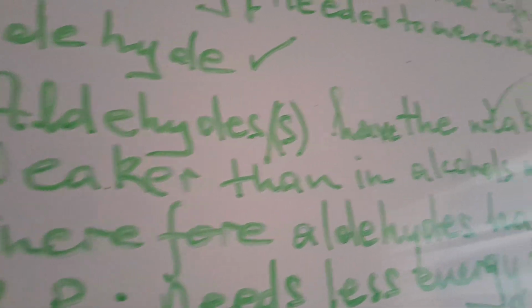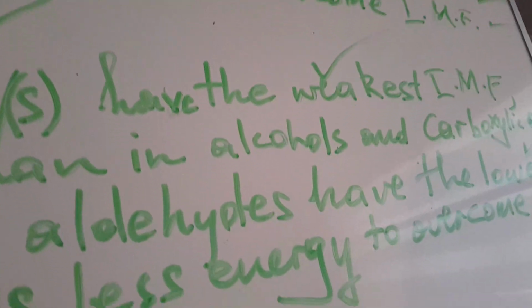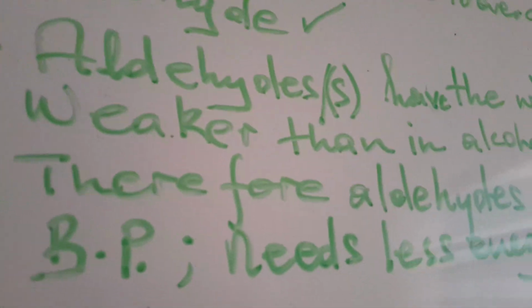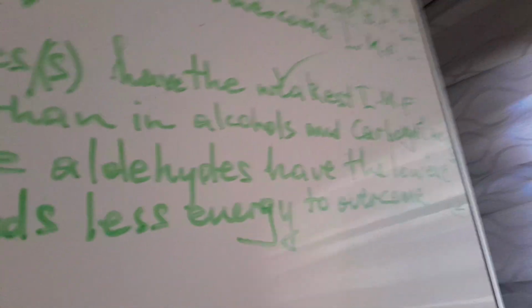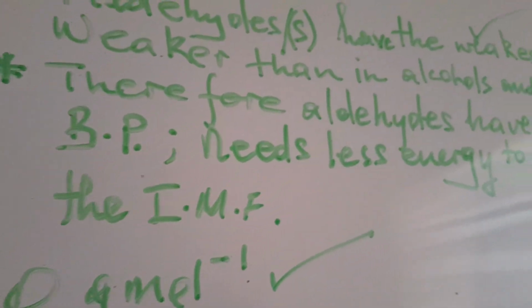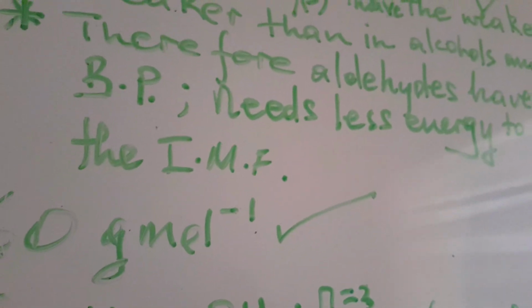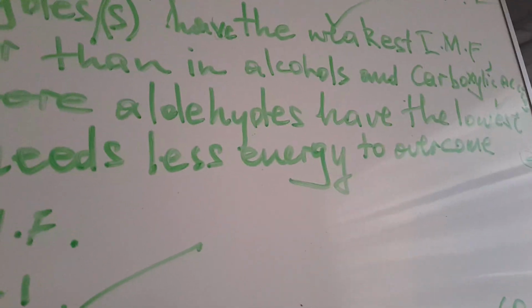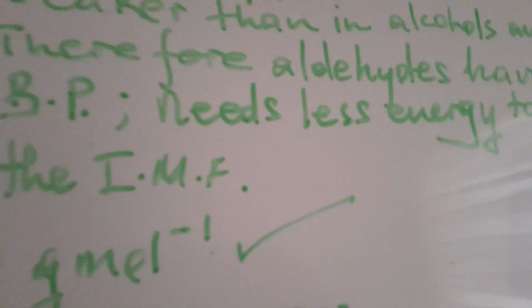And they are weaker than in alcohols and carboxylic acids. Therefore, aldehydes have the lowest boiling points, meaning that they need less energy to overcome the IMF.